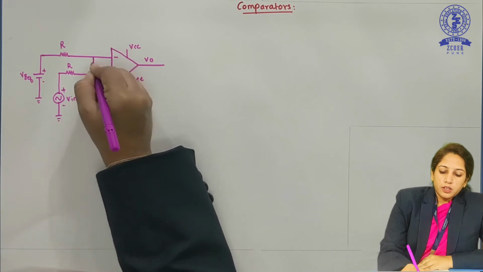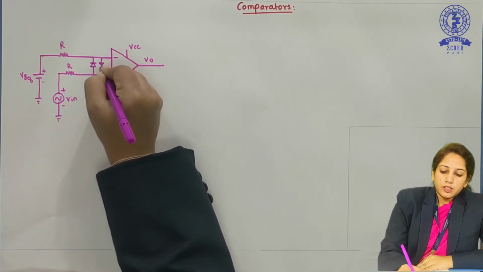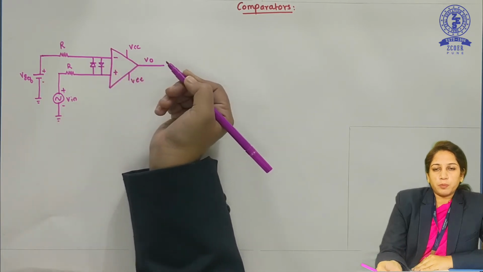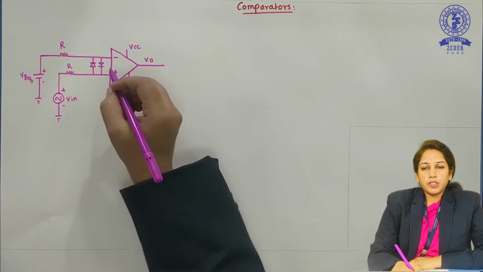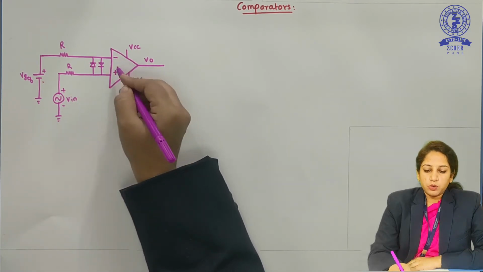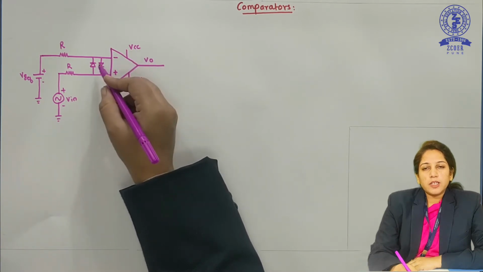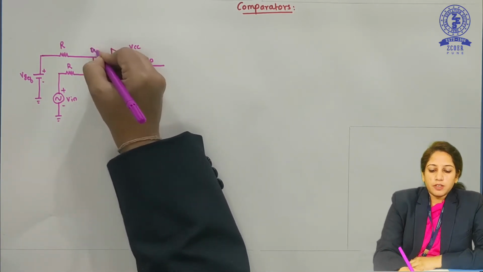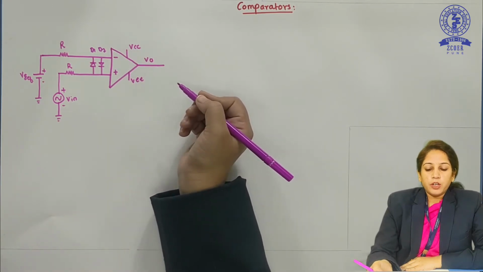Also here I will give two diodes, and these diodes are used for protection. They protect from the excessive input voltage VID which will be applied to these two terminals. Suppose I have given these as D1 and D2 diodes. These are also called clamping diodes. Why?